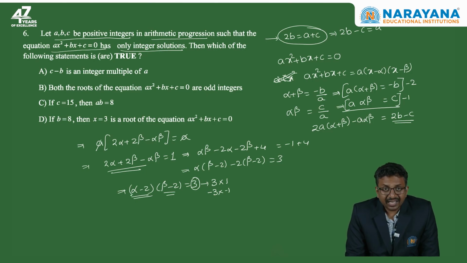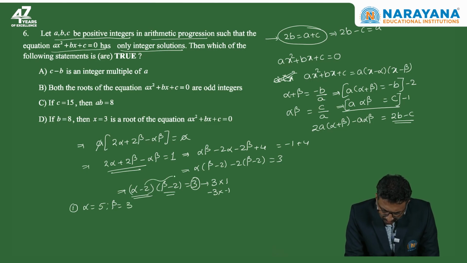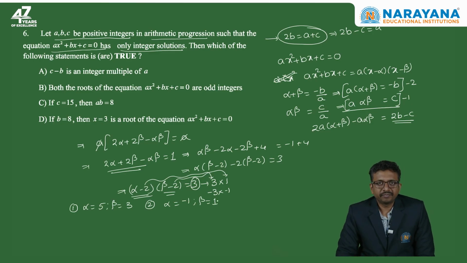If you take the different cases, the first case becomes alpha is equal to 5 and beta is equal to 3. If you equate this with this and this with this, beta minus 2 is 1, so beta is 3, alpha minus 2 is 3, alpha is equal to 5. Or second, you have alpha is equal to minus 1 and beta is equal to minus 1 plus 2, which is plus 1.